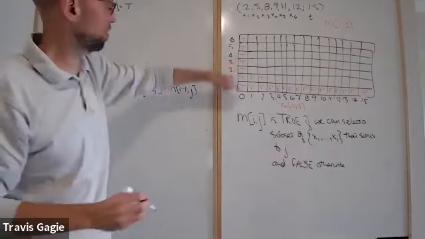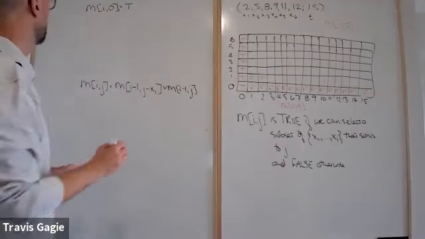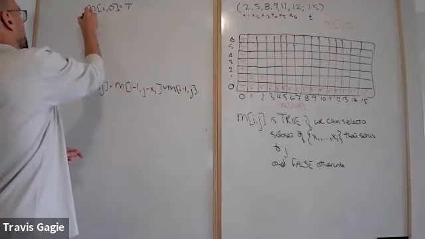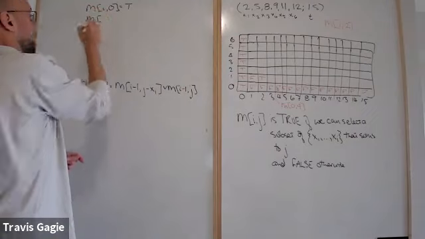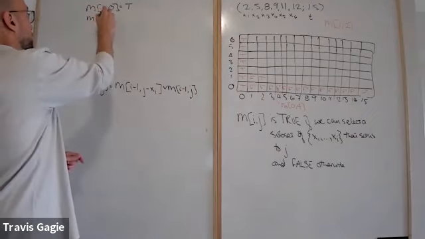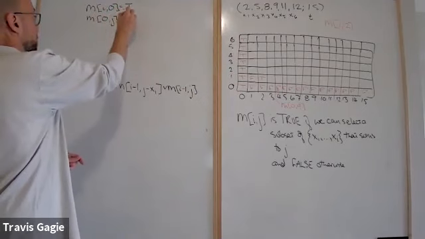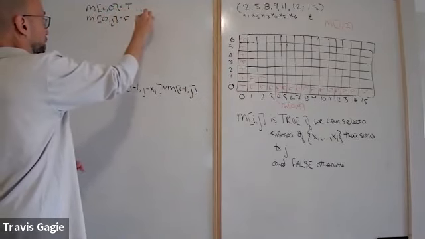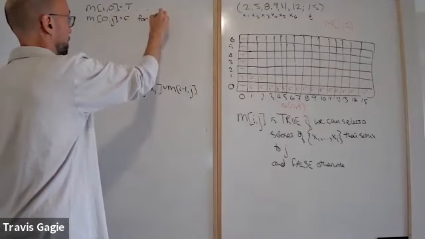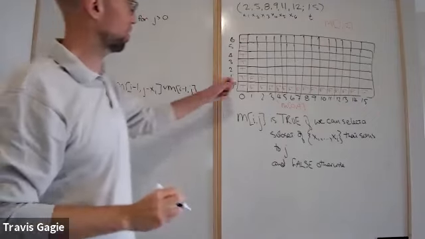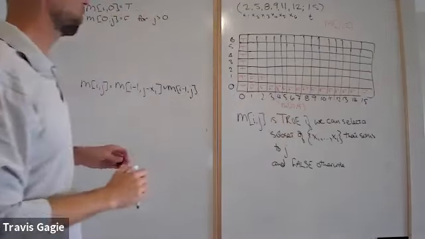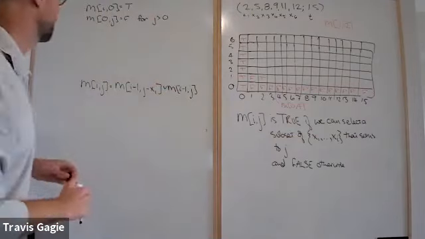So that says this column is true. M0j equals false for j greater than 0. So that says that this row is false except for this one.